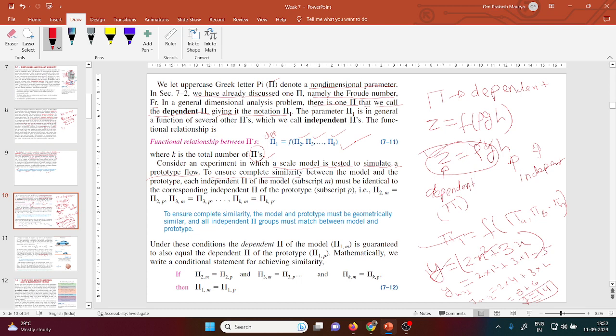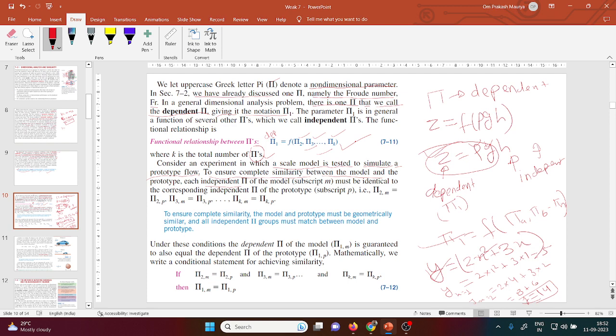To ensure complete similarity between the model and prototype, as we have seen previously, we need all kinds of similarity: geometric, kinematic and dynamic. What is written here is that each independent pi of the model, subscript m meaning model, must be identical to the corresponding independent pi of the prototype.